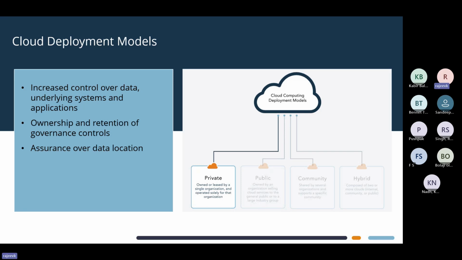So in such a case, the good solution is, specifically if you are surrounded by huge regulation and compliance, the best solution is to go for the private cloud, because that will provide you very much control over the data and the services, and definitely the ownership and retention of governance control. Now, governance is basically how the controls are under your control there, right? And definitely that is under your control. No one else is making the decision.